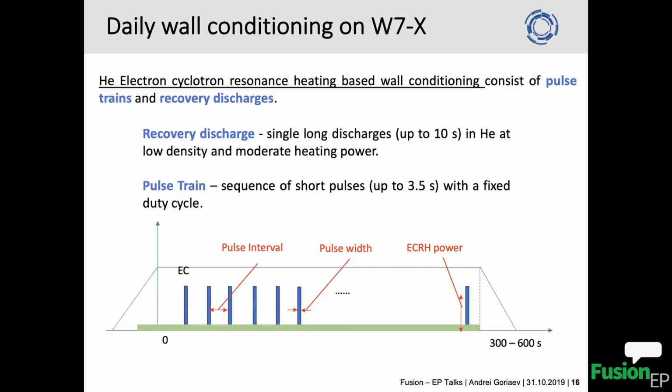Okay. So the point is not to touch the magnetic field configuration. The point is to play with the discharge parameters: the heating power, the discharge length, the fueling scheme, and some other parameters. But those things are quite exotic, let's say.